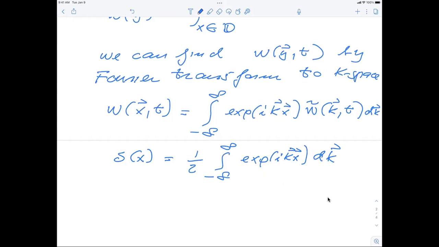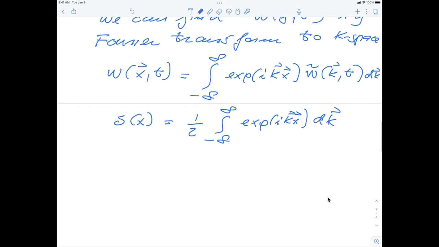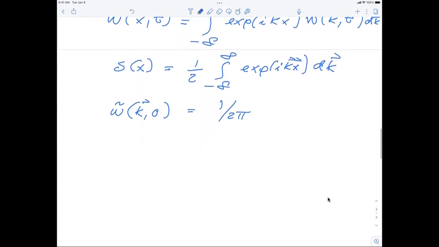Now, if you do that, you can easily see that this w tilde of k at zero, if we look at the definitions, it's not so difficult to show, is actually given by a constant, which is 1 over 2 pi here. So if I insert that as my initial probability, you can then look at the Fourier transformed diffusion equation.